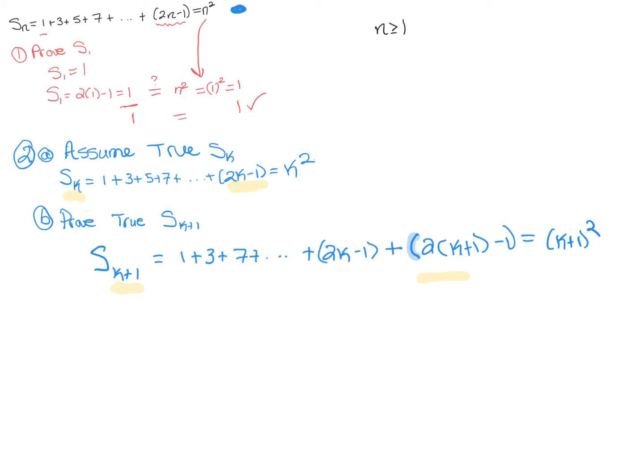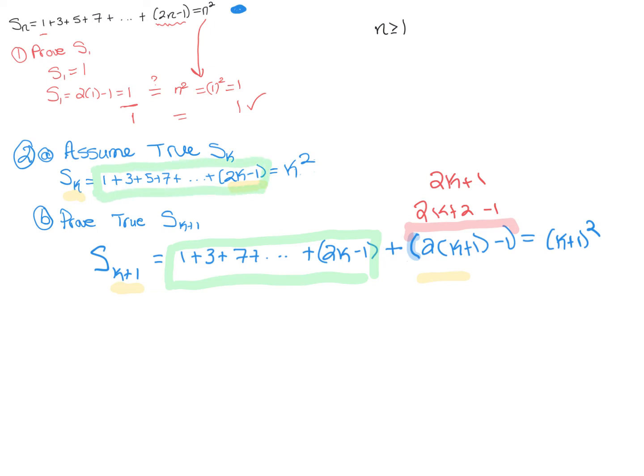So first things first, I'm going to clean this thing up right here. This becomes a 2k plus 2 minus 1, which is really 2k plus 1. Okay, now here's the piece that always happens. So when you write this whole thing out, look at this magical green box. This magical green box is the same thing that I wrote right here.